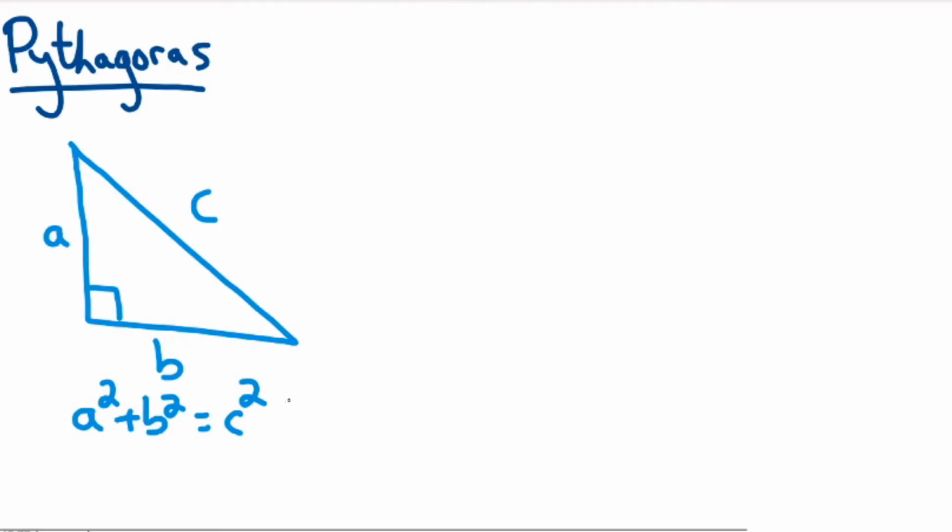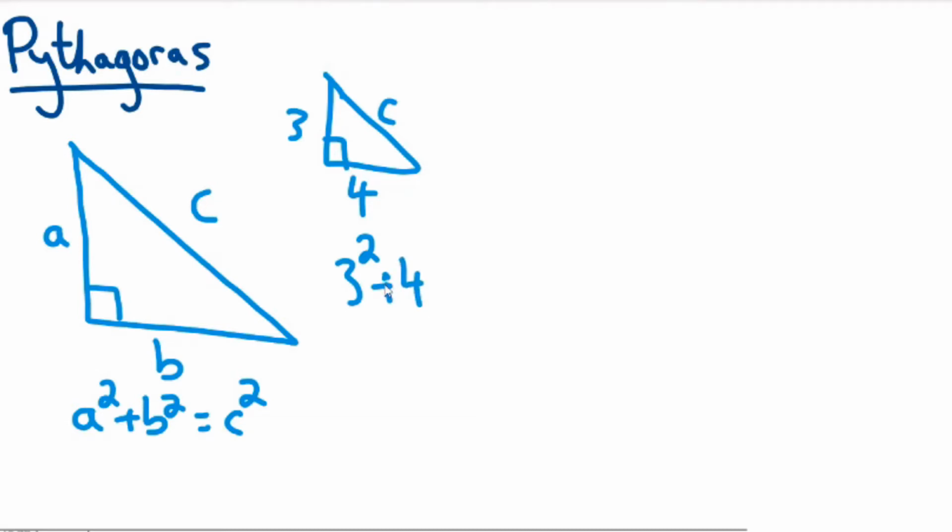But what can we do with this then? Well, if we just give ourselves another right-angled triangle here, label this side 3 and this side 4, with this third side C being an unknown for now that we're trying to work out. Well, based on Pythagoras' theorem, we should be able to say that 3 squared plus the 4 squared will give us this other third side, also squared.